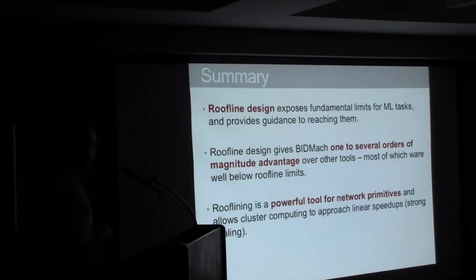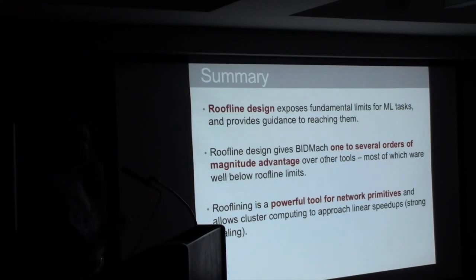Okay, so I'm actually at the end. To summarize the talk, the approach we're taking is to use Roofline Design, which means articulating the limits for single machines, memory and ALU limits, trying to design all of the kernels in our system as close as we can to those limits, and using, in some cases, knowledge of the hardware to design and tailor the algorithms.